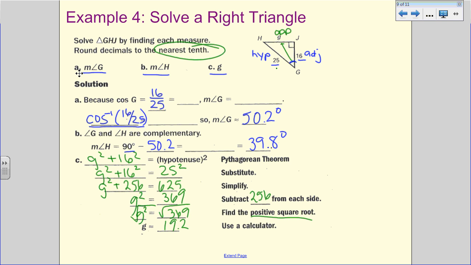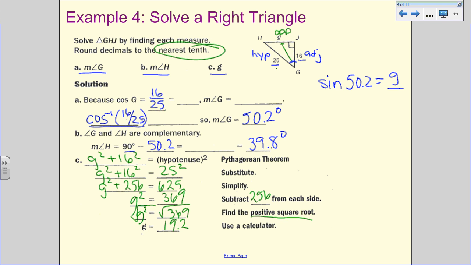All right? So if we use SOHCAHTOA, it's going to work out the same way. So like if I went through and said, okay, this is opposite over hypotenuse. So if I use sine of 50.2 is equal to... Grace asked if I use SOHCAHTOA, will it work out the same way?